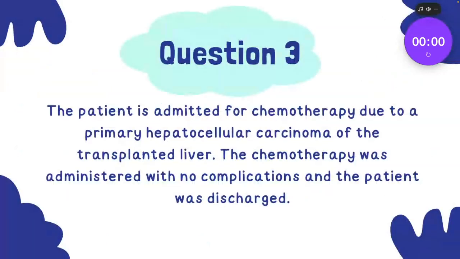All right, we're going to go on to our next scenario. The patient is admitted for chemotherapy due to a primary hepatocellular carcinoma of the transplanted liver. The chemotherapy was administered with no complications and the patient was discharged. And once again, I'm going to call out guidelines.